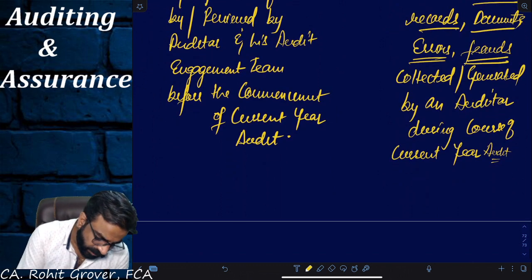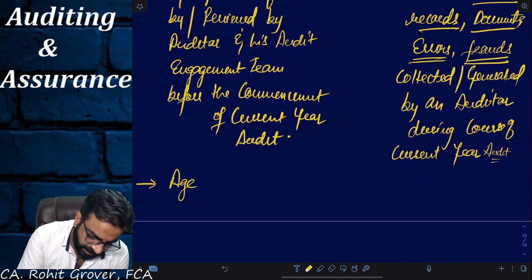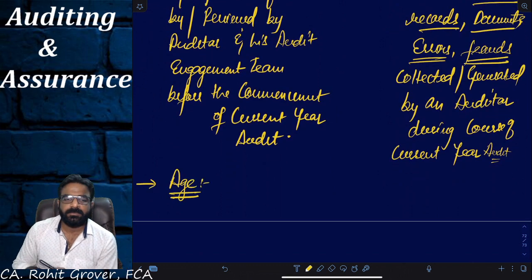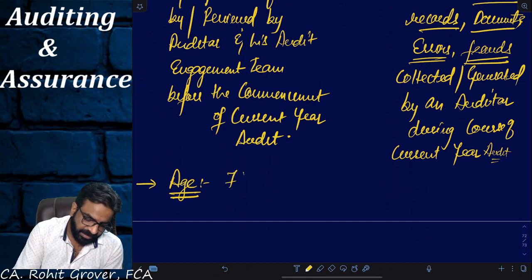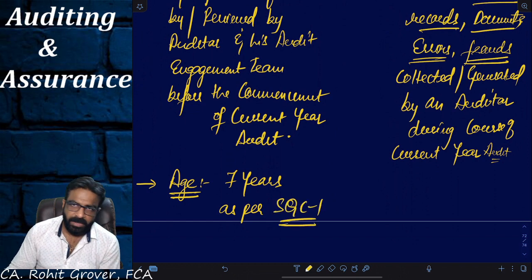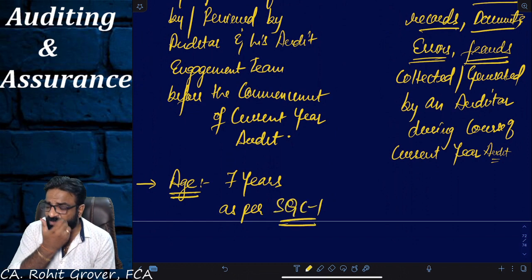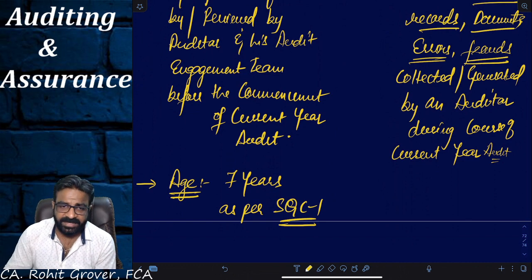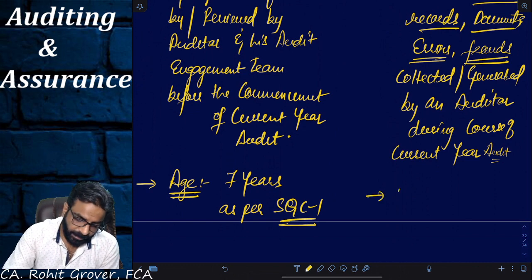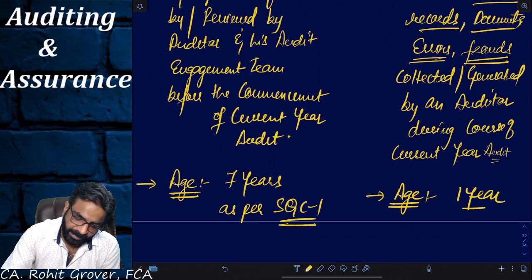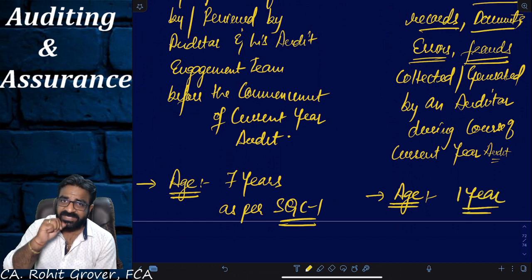Now, everyone, can you please tell me what is the age of this file? 7 years. Yes, very nice. 7 years as per the requirement of whom? SQC 1. Now, think logically, everyone. What is the age of this file on the right side? The age of this file is only 1 year.